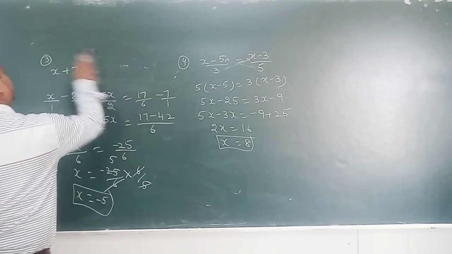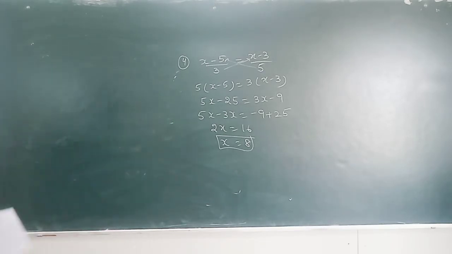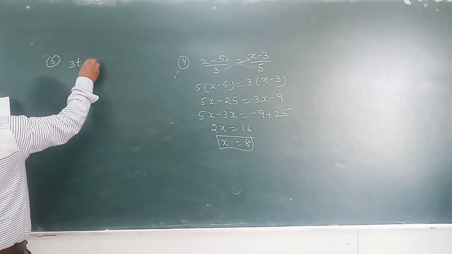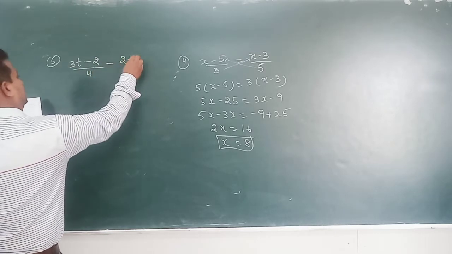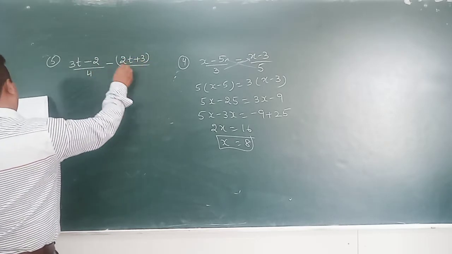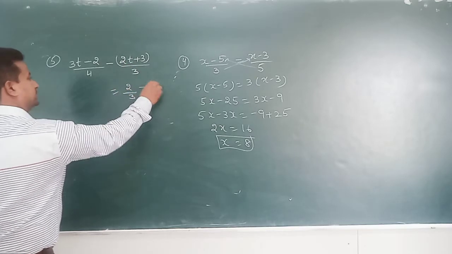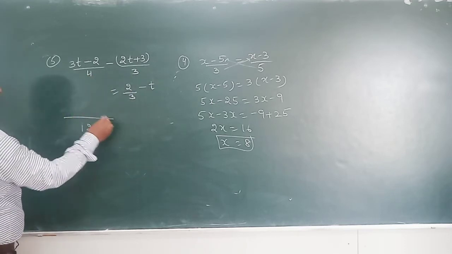In the fifth part, question number 5, the statement is 3t minus 2 upon 4 minus 2t plus 3 upon 3 equals 2 by 3 minus t. First we take LCM of these two, which is 12.